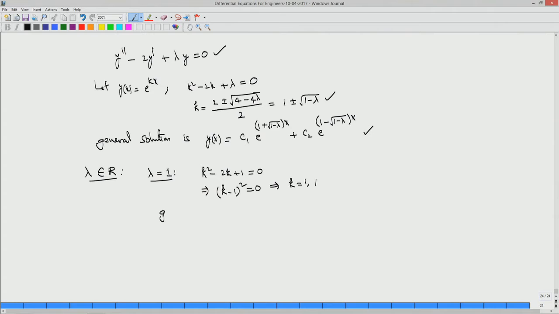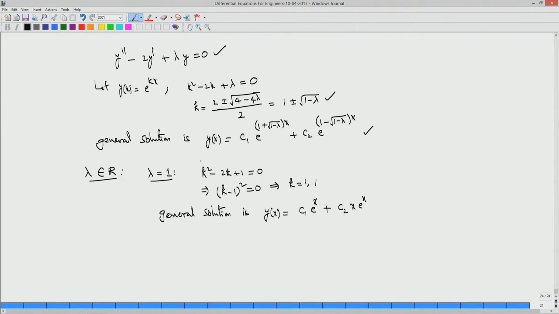So the general solution is c1 e^(kx), that is e^x, k is 1, plus c2 x e^x.